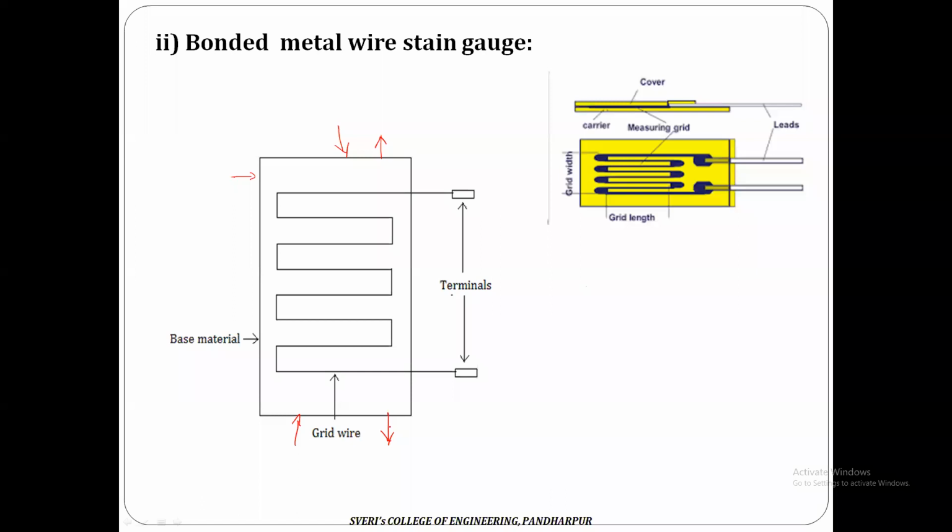Accordingly, whatever type of force is applied on the cardboard or the base material, the force will be directly experienced by this grid wire, and based on that its resistance will change. So this change in resistance of that wire is always directly proportional to the applied force.